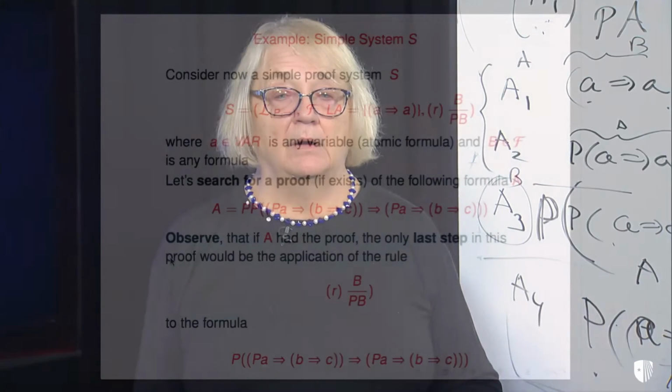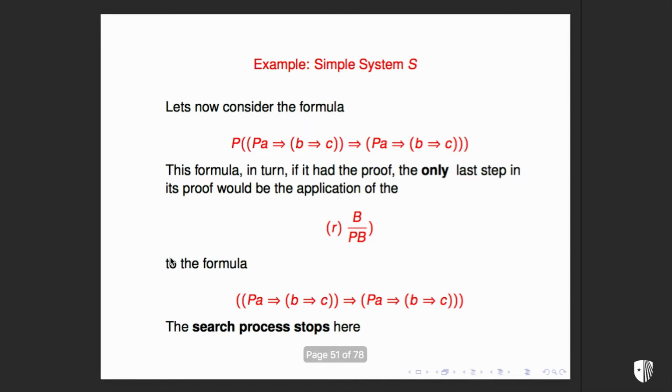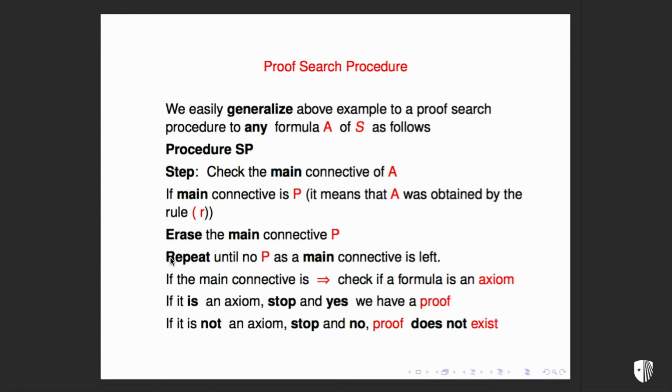And now we have different simple proof systems. I showed you a lot of that already on the blackboard, and in general, the syntactically decidable proof system is such that we have a procedure.